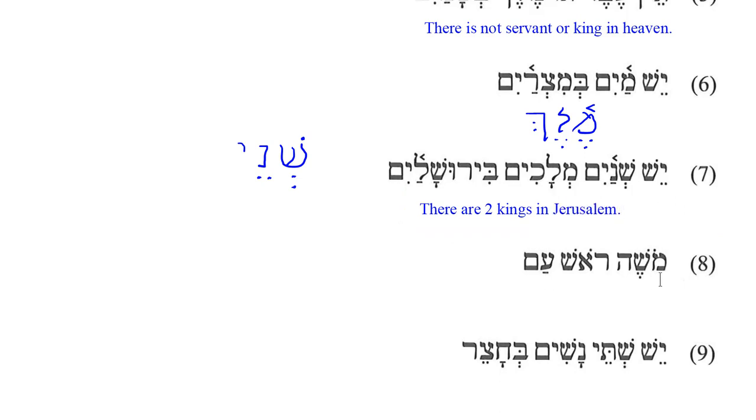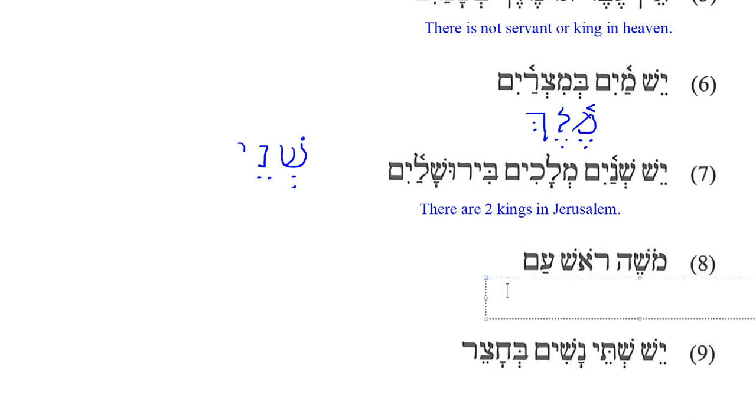Number 8 is another example of a verbless clause or a nominal clause. We have Moshe Rosh Am. So literally we have 3 nouns in a row here. And we have to sort this out.